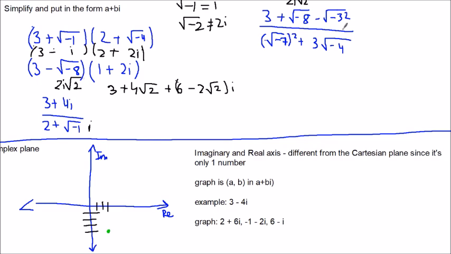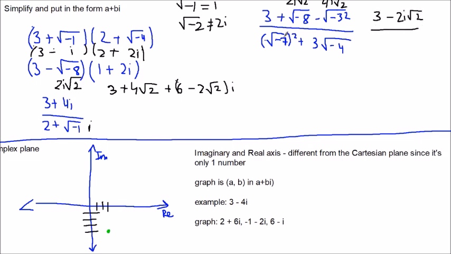And then square root of -32, you can take a 4 out of square root of 32. It will be 4 square root of 2. So this is 4i square root of 2. So if you have 2i square root of 2, subtract 4i square root of 2, you'll get minus 2i square root of 2, which will give you 3 minus 2i square root of 2.